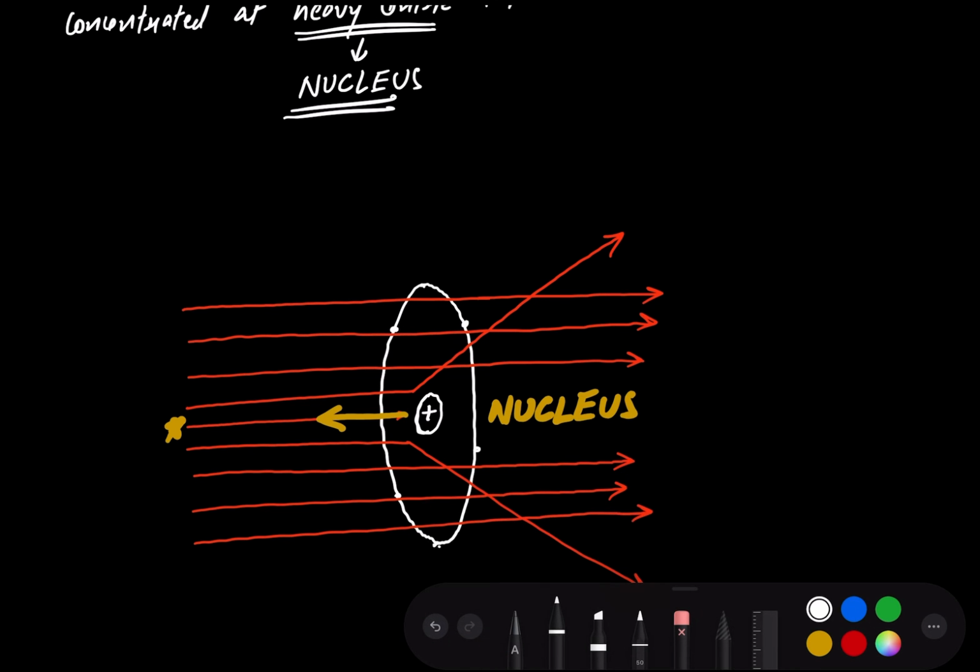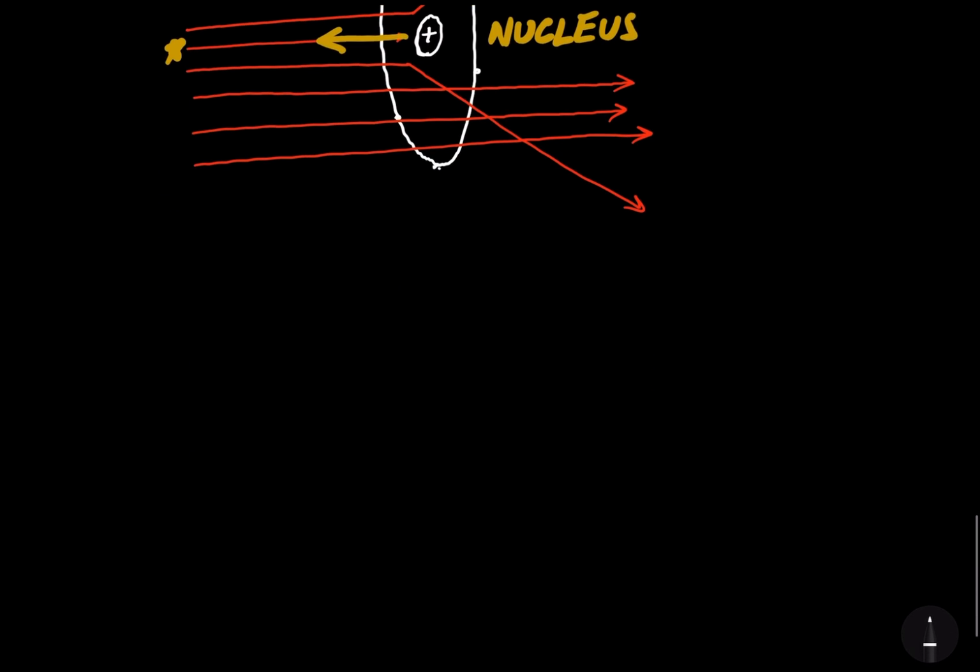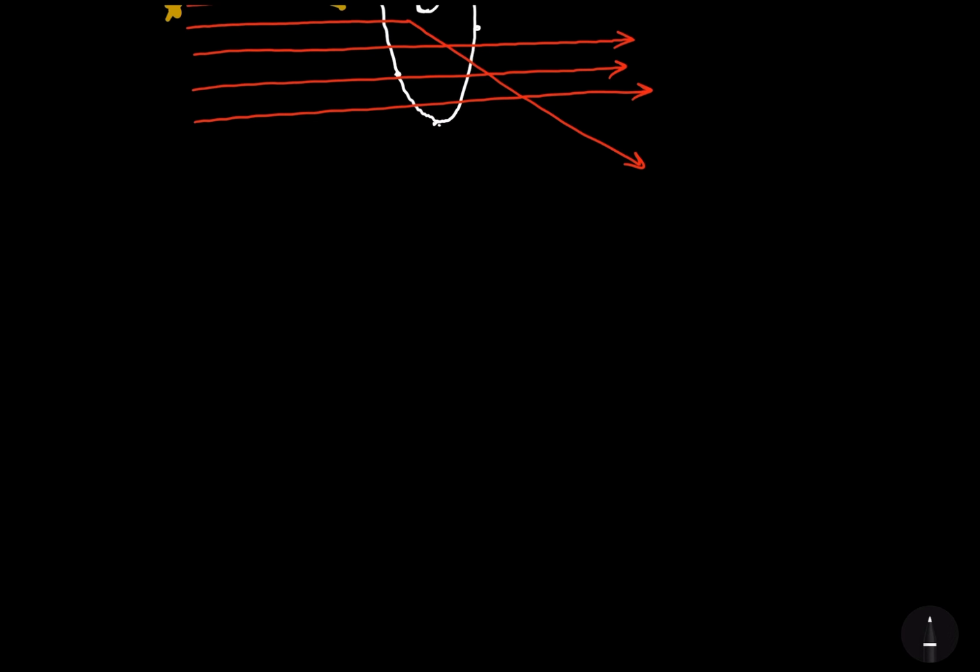So now let's talk about the factors on which the number of alpha particles that will get deflected will depend.